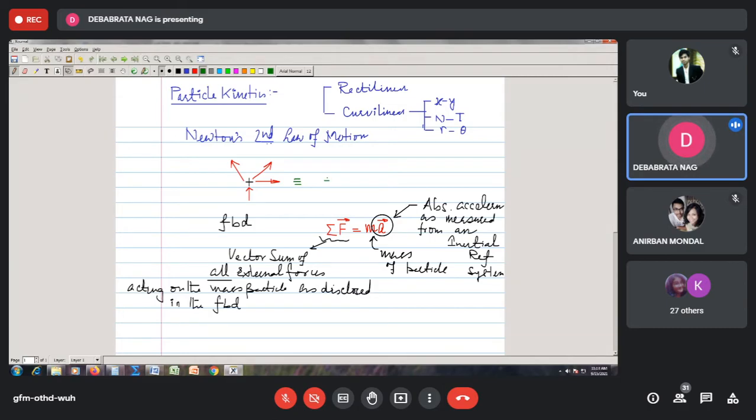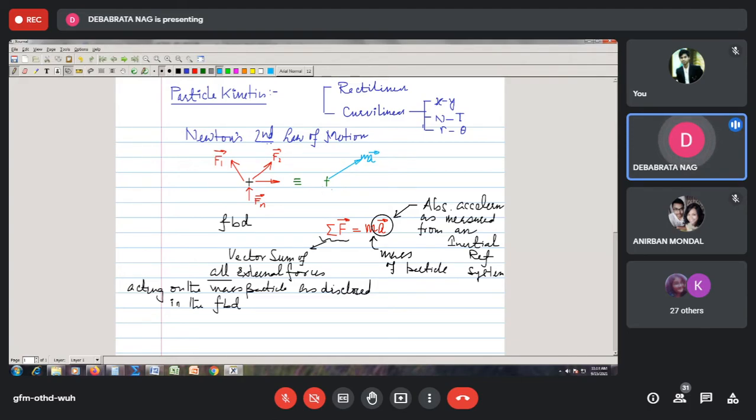If this is your center of mass or the particle, and this is your acceleration vector a bar, which I just arbitrarily show, it means that the sum of all the forces, say this is F bar 1, this is F bar 2, must be equal to mass times a bar.